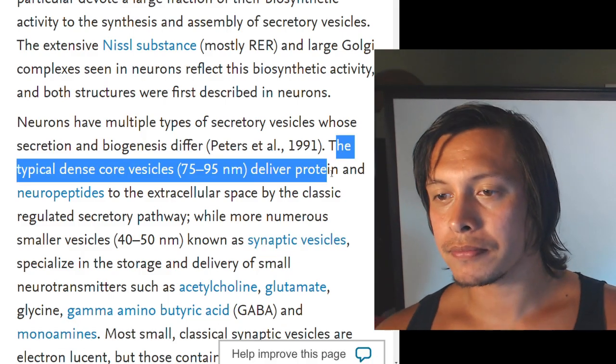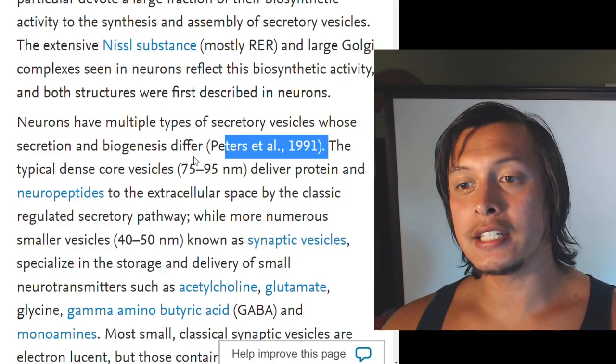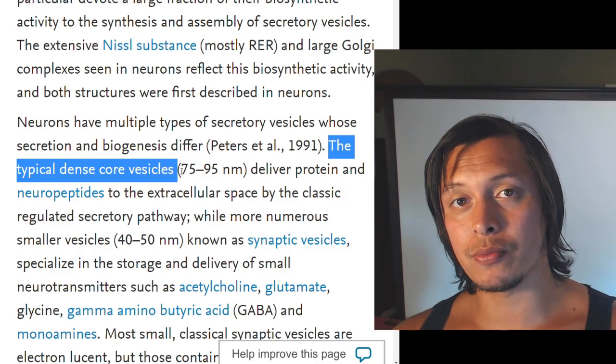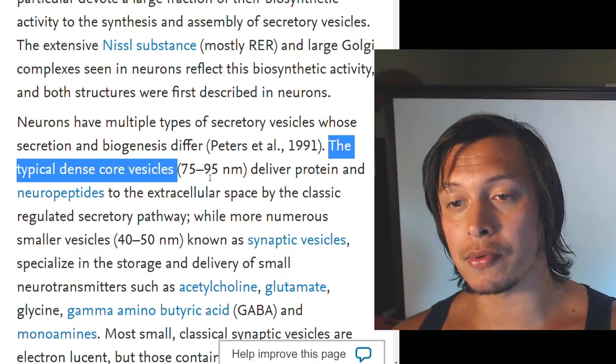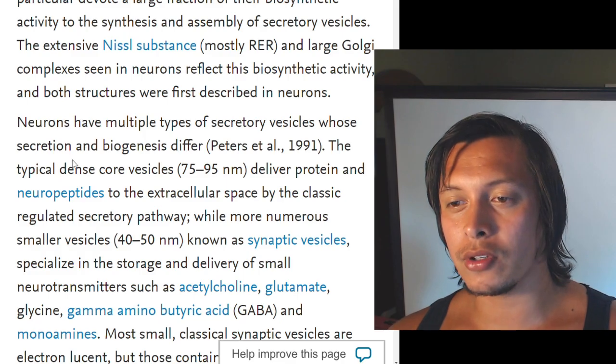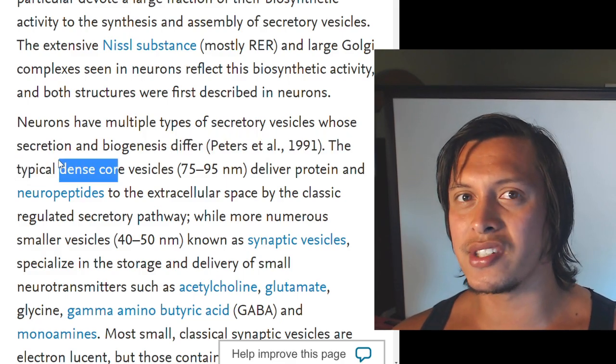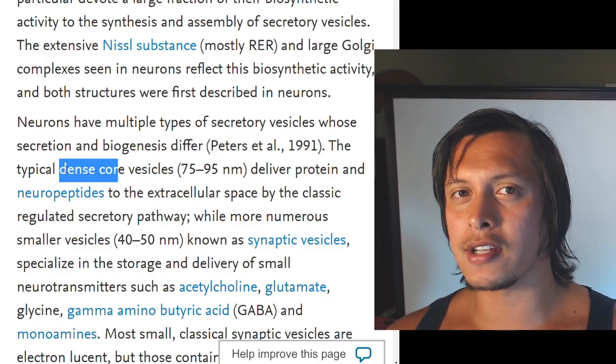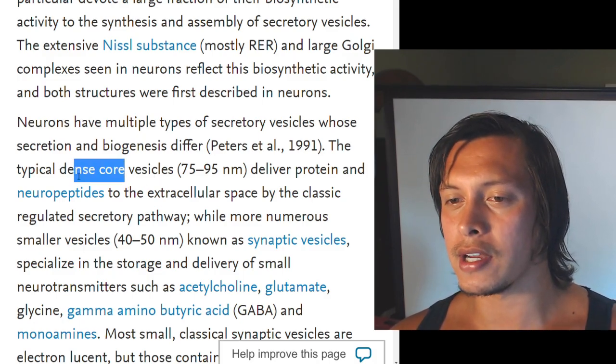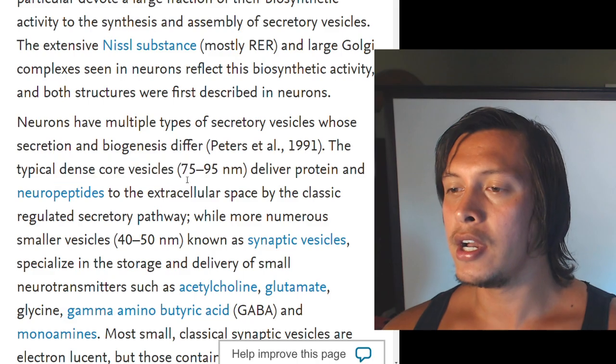So here, the typical dense core vesicles. The vesicles are like the bubbles within the cells. The typical dense core, I would assume, are just dense with stuff that's in it. However, I'm not too familiar with this.